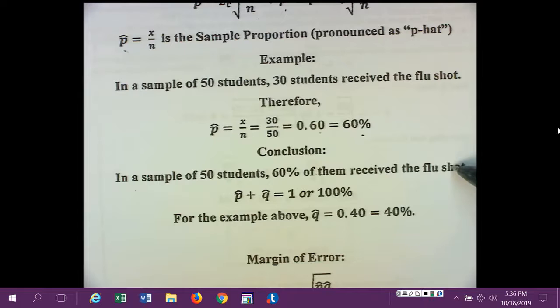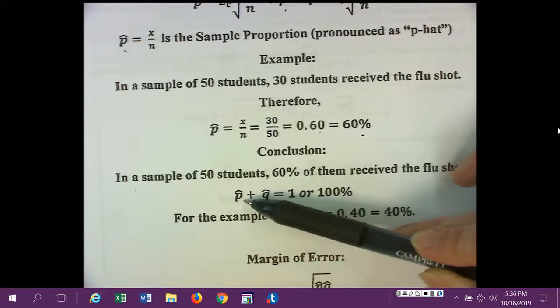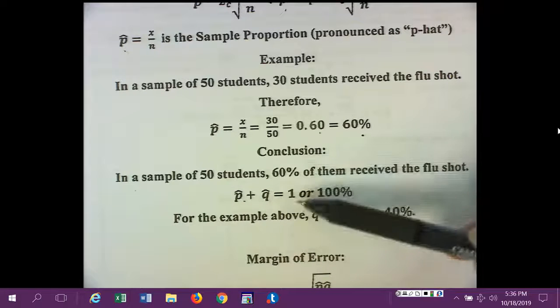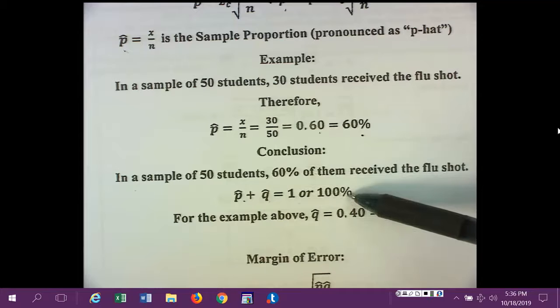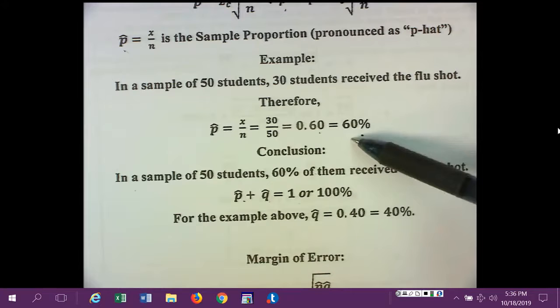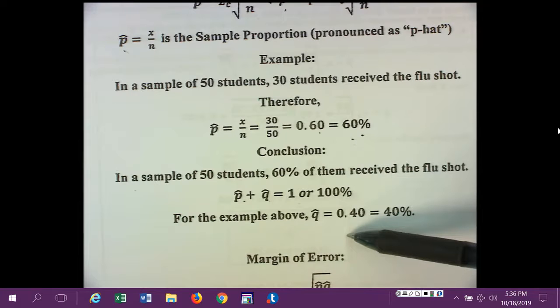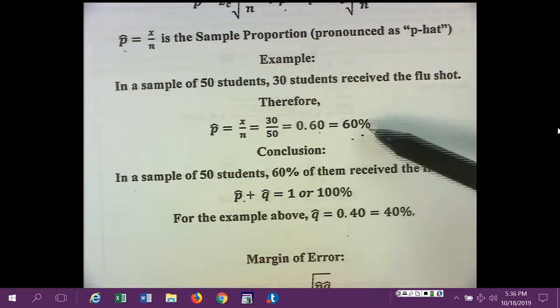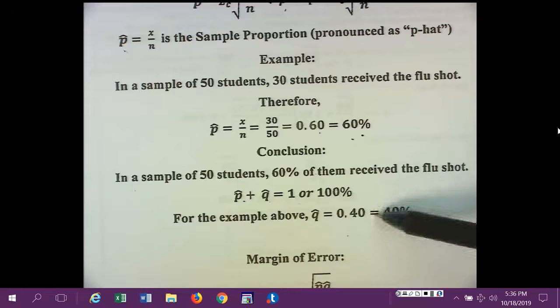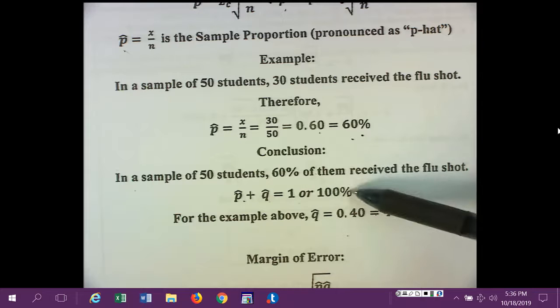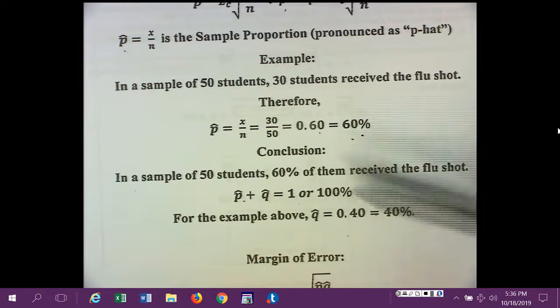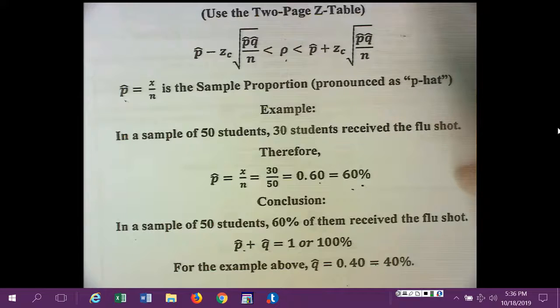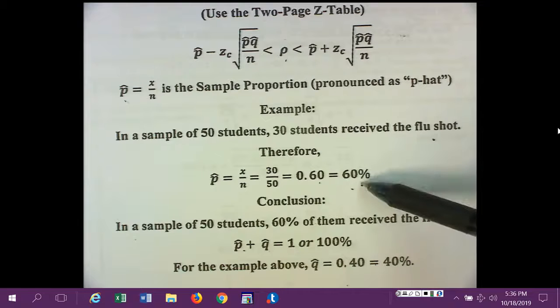Now Q hat in the formula. P hat plus Q hat will give us 1 or 100%. In the example above, if P hat is 60%, Q hat must be 40%. Together, 60 and 40 will give us 100%. P hat, in terms of the characteristic of receiving a flu shot, is 60%.